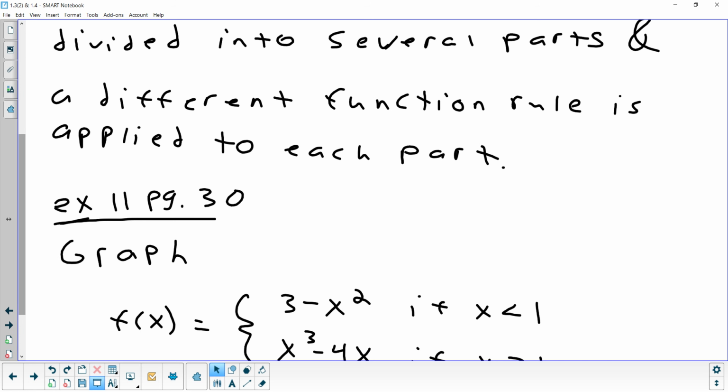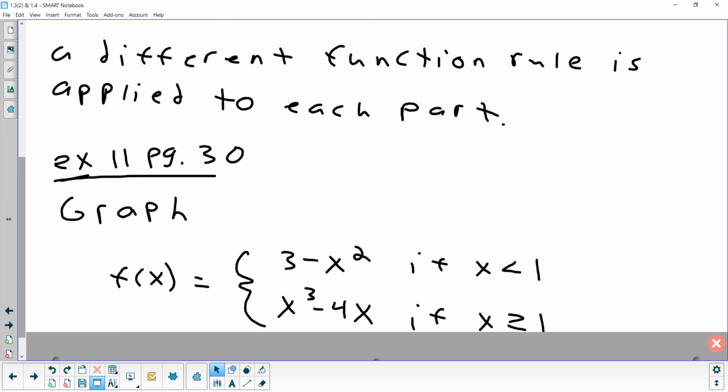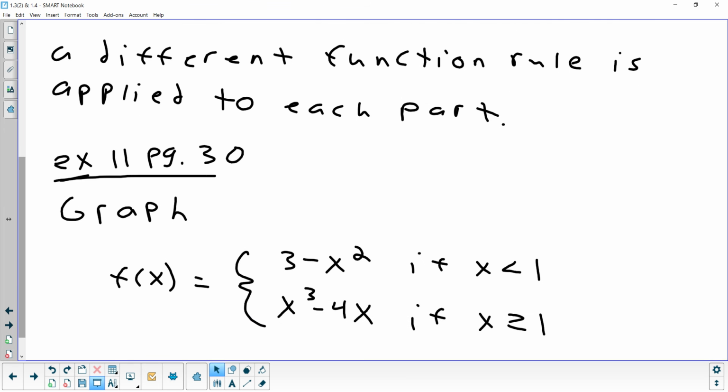Right, and here's our example. Usually the way you see a piecewise function written is it has this kind of curly bracket. I wrote several parts here, but we're usually just going to have two. The two formulas we're going to graph are 3 minus x squared, but we're only going to apply that formula to values less than 1.